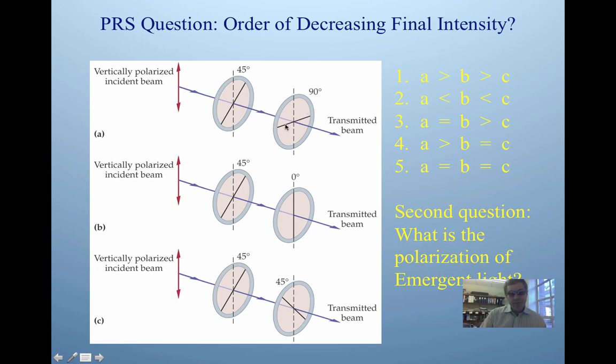This one is 90 degrees, so it's 45 degrees more than this one. So theta 1 minus theta 2 is 45 degrees here. That's the difference angle. And so we're going to suffer another factor going through this Polaroid, again, of cosine squared of 45 degrees. So this filter knocked off half the light.